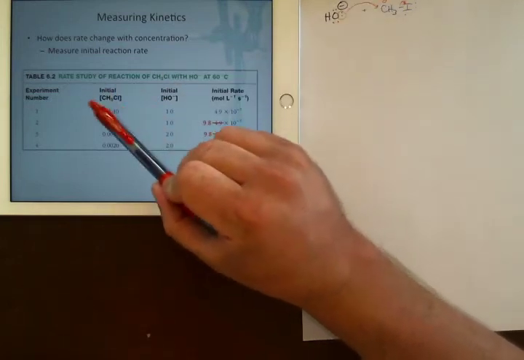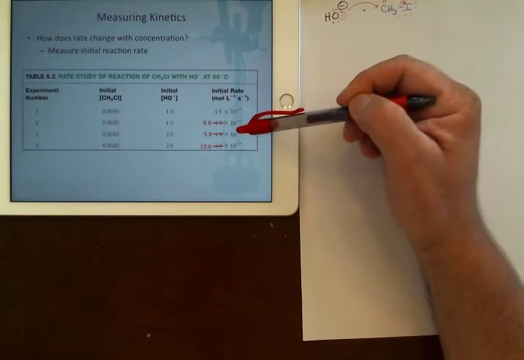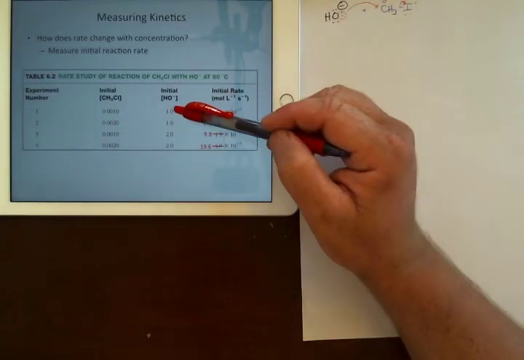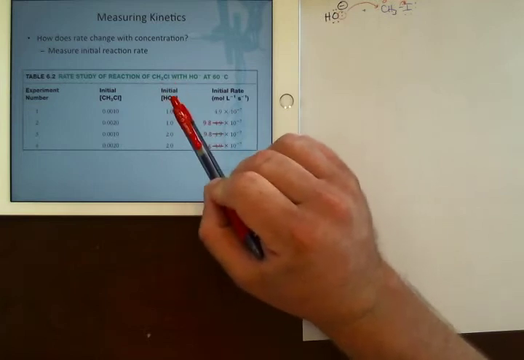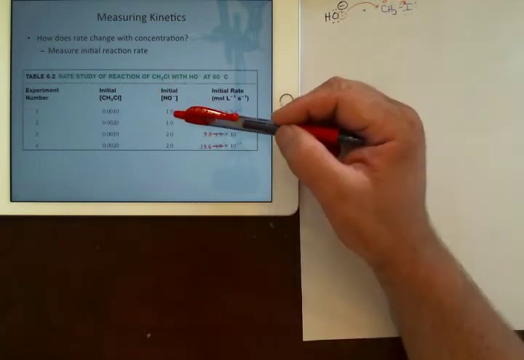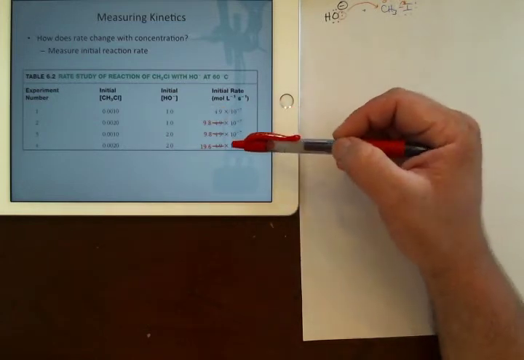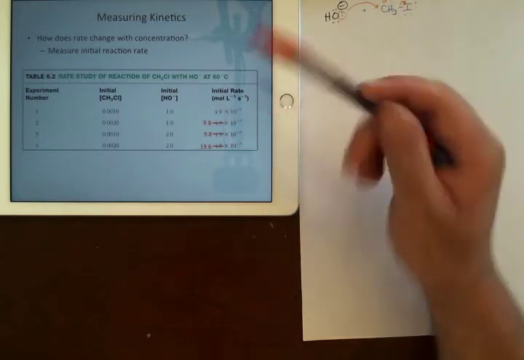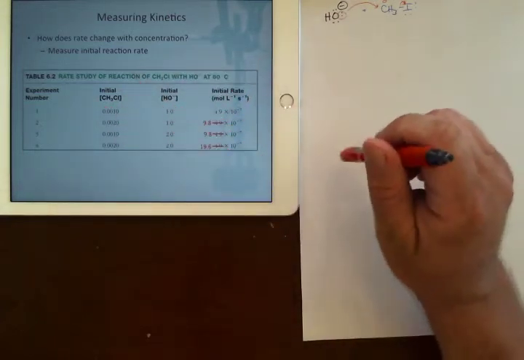If you were to double this concentration, you would in fact double the rate. If instead you doubled your nucleophile here, and compare this to this, the first one to the third one, again you're going to double the rate, because they're both part of that rate equation. If you double both of them, it would be 2.